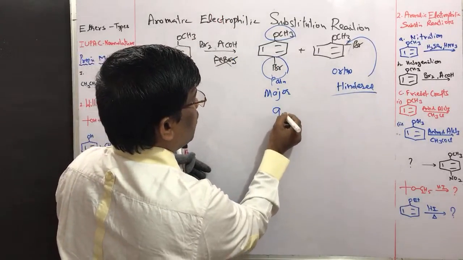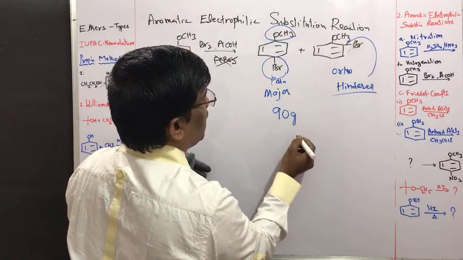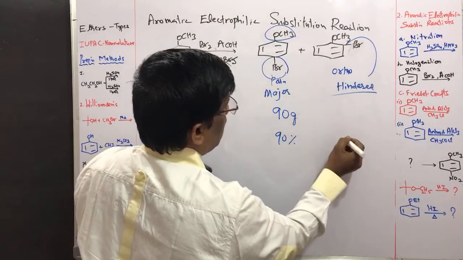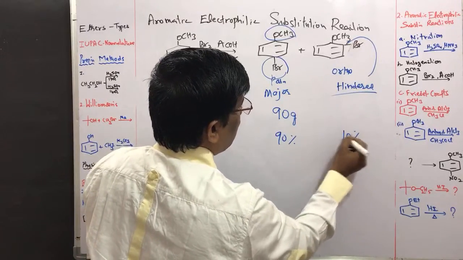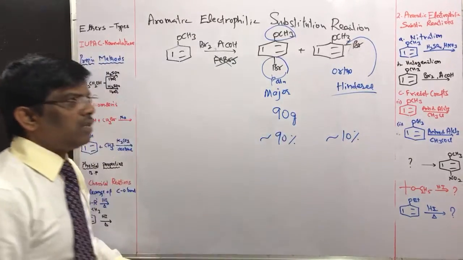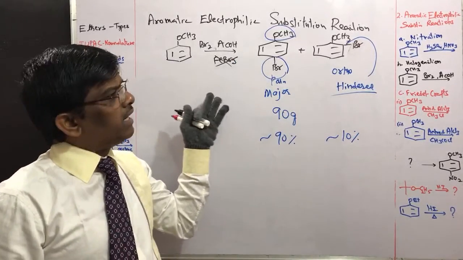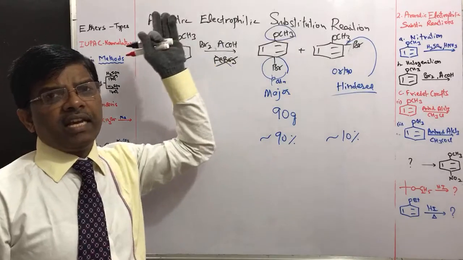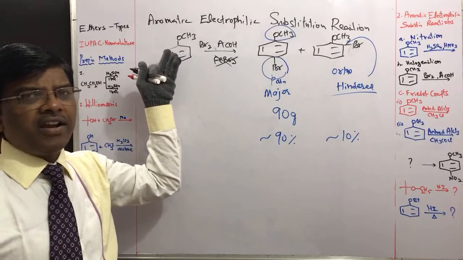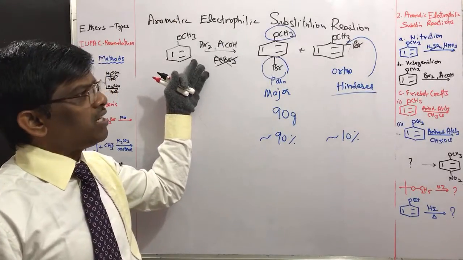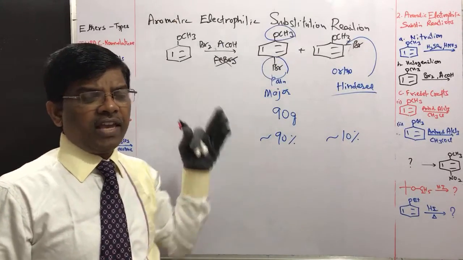Same thing: if it forms 100 grams, it is going to be 90 grams, or 90%, of para, and 10% of ortho. So this is how bromination takes place. It can be chlorination, it can be iodination also, right? Iodination follows a different mechanism, but bromination and chlorination you can do in this way.